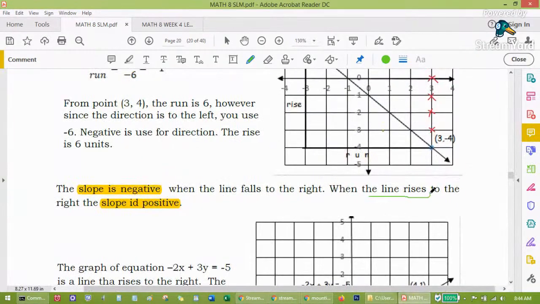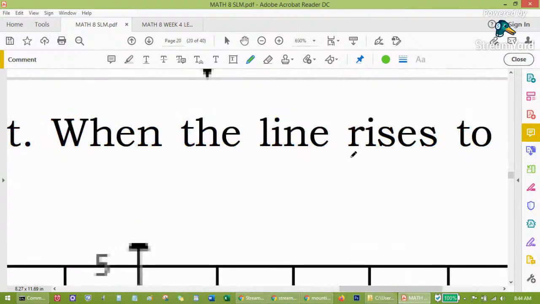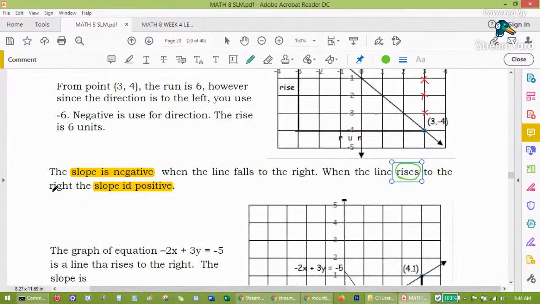But when the line rises, umaangat siya sa right, then the slope is positive.